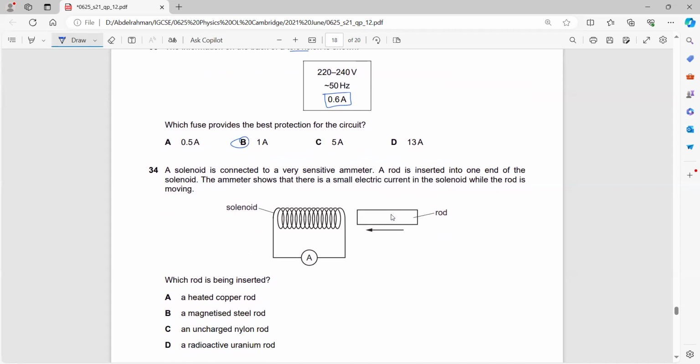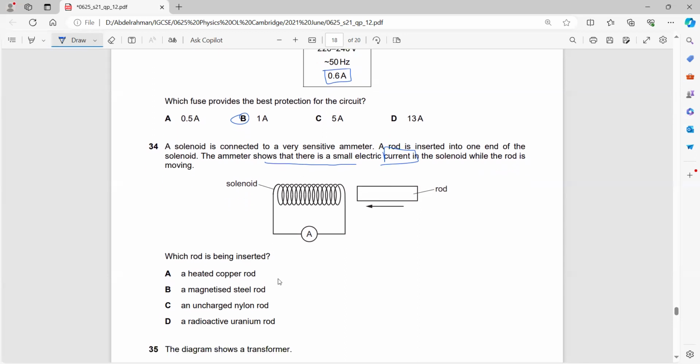You have a rod being inserted inside a solenoid, and the ammeter shows that there's a small current in the solenoid. Which rod is being inserted for the solenoid to conduct some current? A heated copper rod? Nope. A magnetized steel rod?